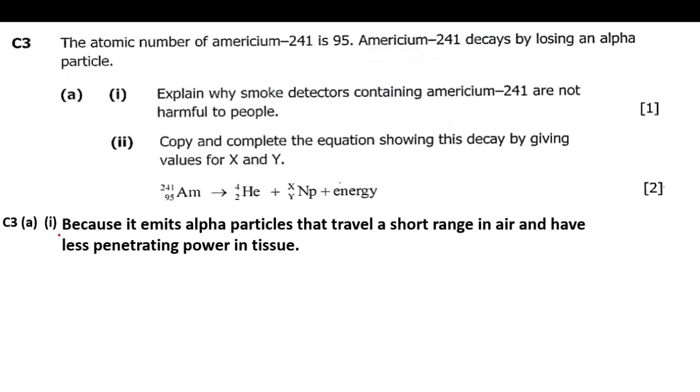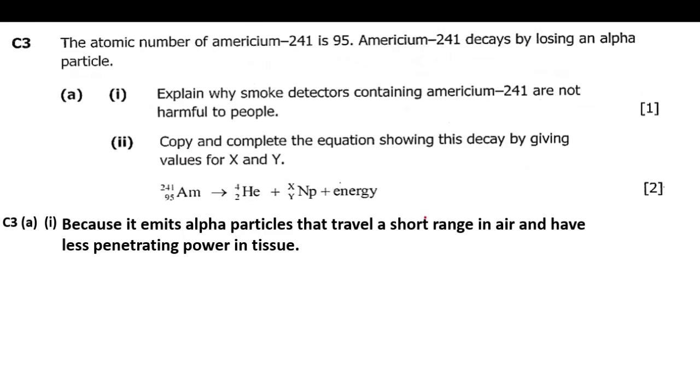Okay, yeah. So number one, yeah, we are on number one actually. Explain why smoke detectors containing americium 241 are not harmful to people. So I said because it emits alpha particles that travel a short range in air. So alpha particles don't have a long range in air. Then two, have less penetrating power in tissue.